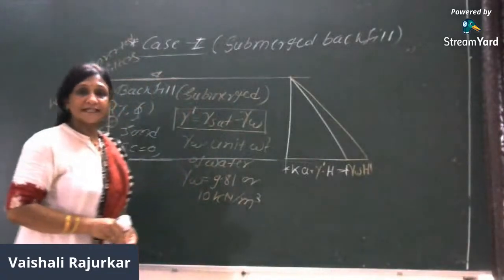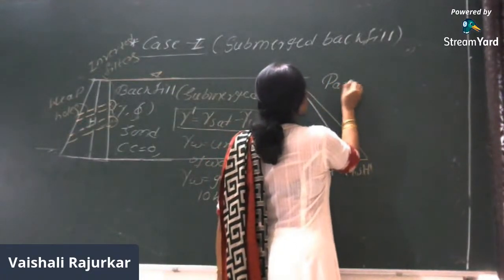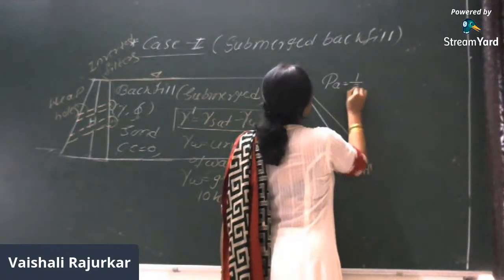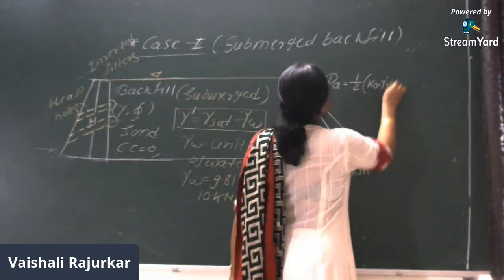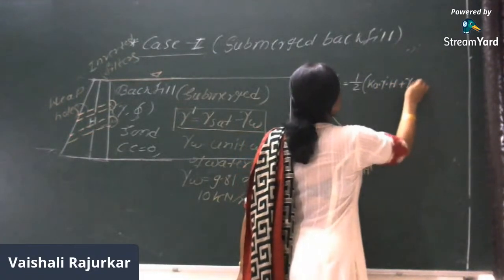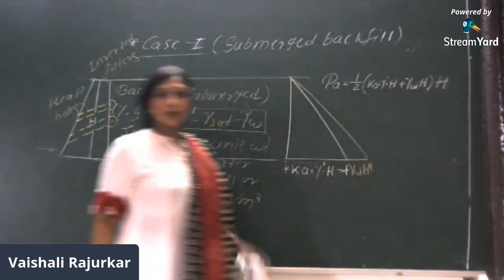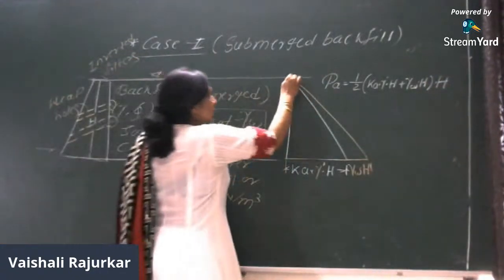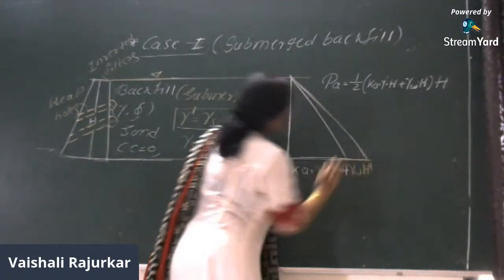Now in this case, what is the pressure? The total pressure, or the magnitude of maximum earth pressure, is equal to half of Ka into gamma dash into H plus gamma W into H, multiplied by H. So here we are considering the total area of both the pressures.